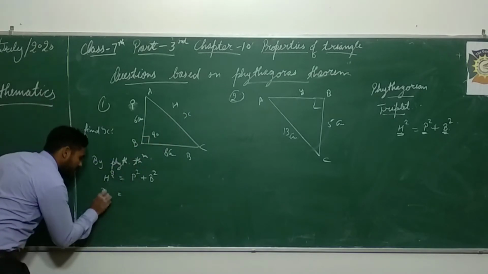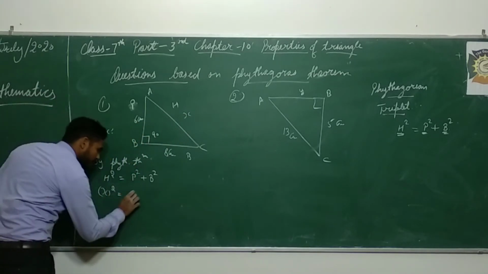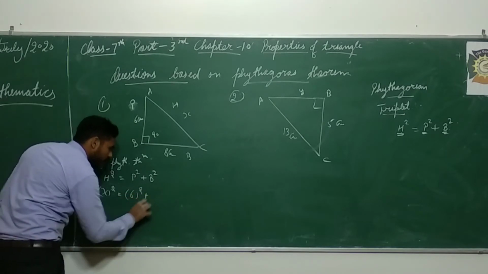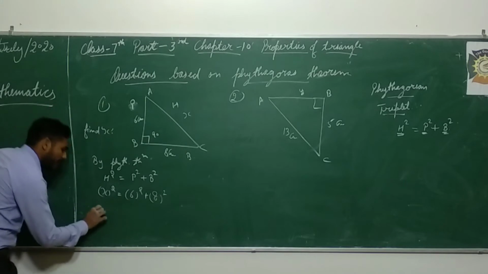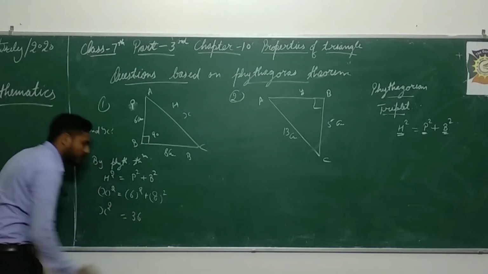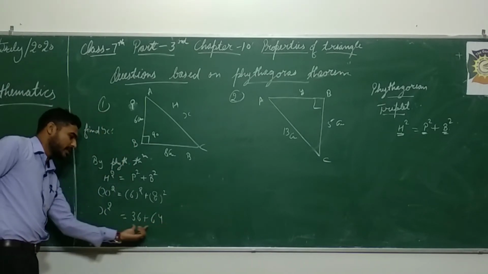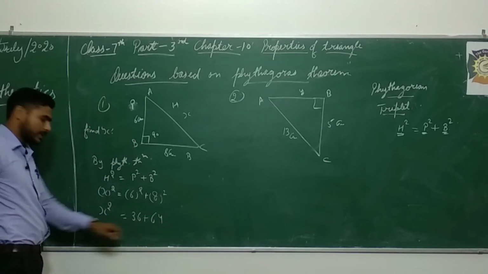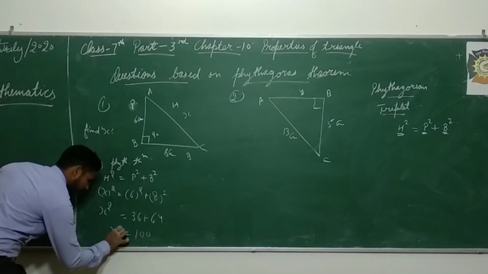H is x, p is 6 and b is 8. Now x square equals 6 square, which is 36, plus 8 square, which is 64. 64 and 36 is equal to 100, so x square is 100.